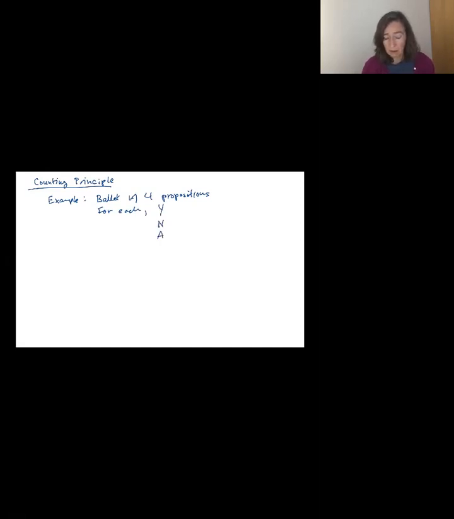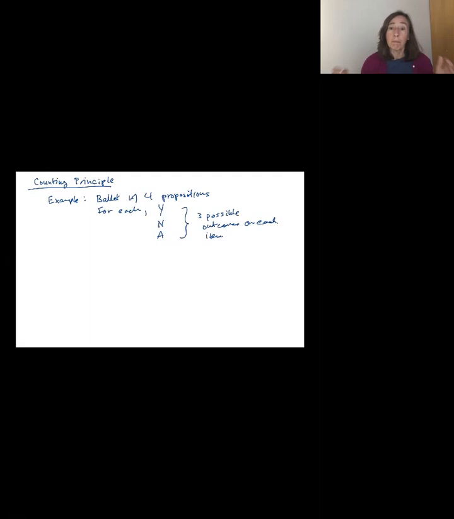There are 3 possible outcomes on each item. So the counting principle gives us the answer to the question, how many different ways are there to cast this ballot?